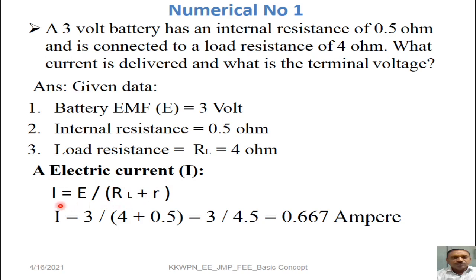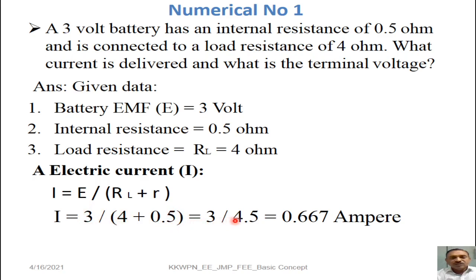We have to use the fourth equation we have just studied, that is capital I is equal to capital E upon the sum of RL plus r. So let us put the values of these three quantities. EMF is given as 3, RL is 4, small r is 0.5.